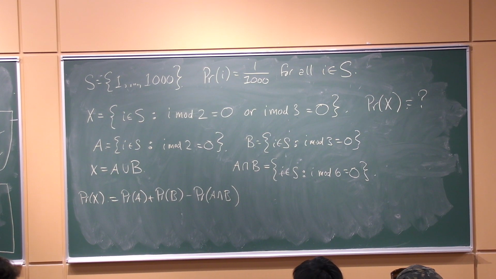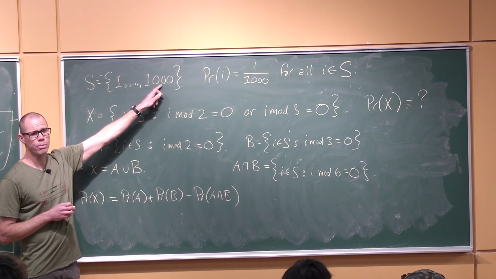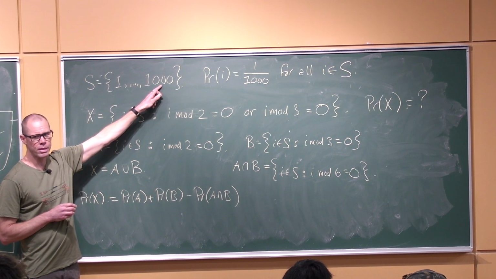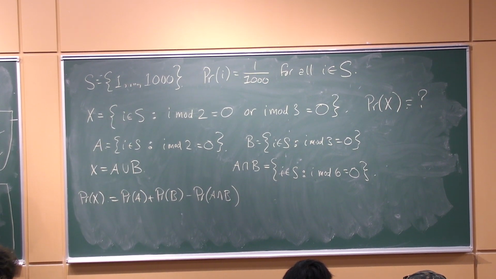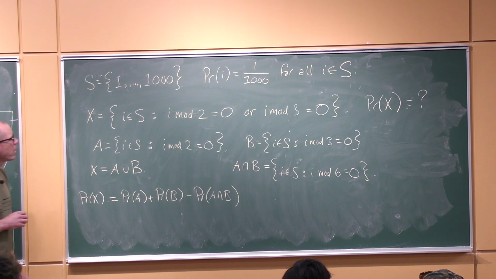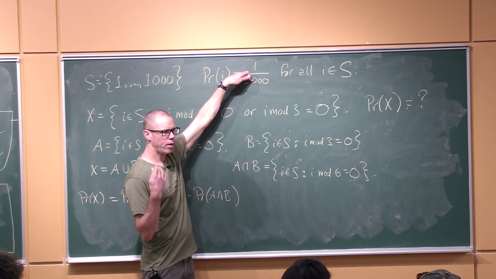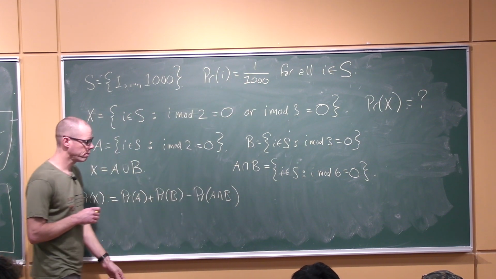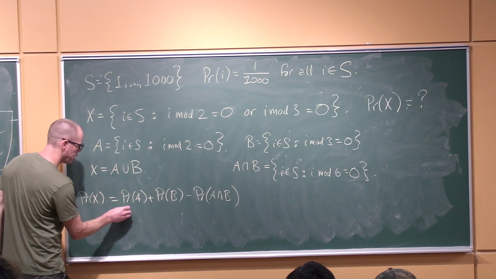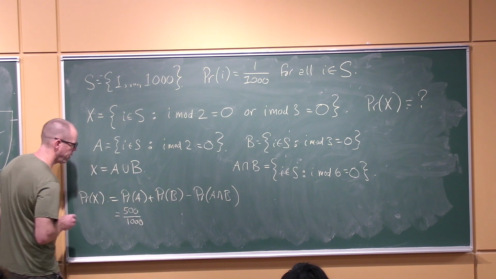So half of them are even, because this range starts with an odd number and ends with an even number. There's 1,000 of them, so exactly 500 of them will be even, and each one of them has probability 1 over 1,000. So if we add up all of those 500 probabilities, we get 500 over 1,000.